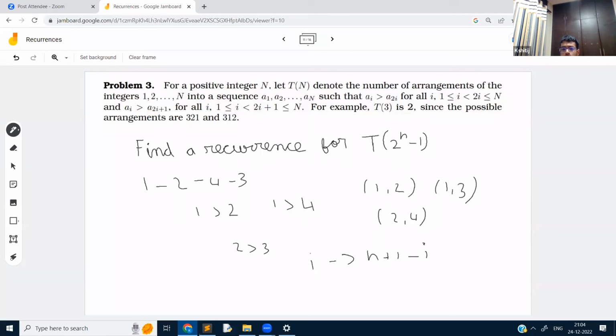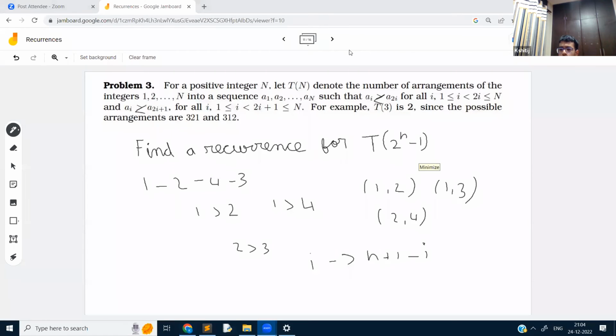So is the question clear to everyone? This is a less than. So is the question clear to everyone? Basically, a permutation is an ordered arrangement.